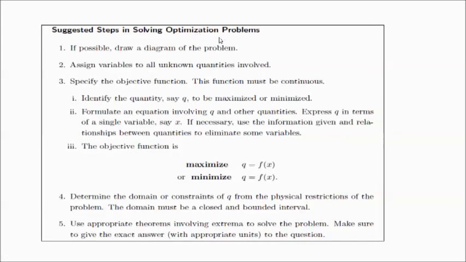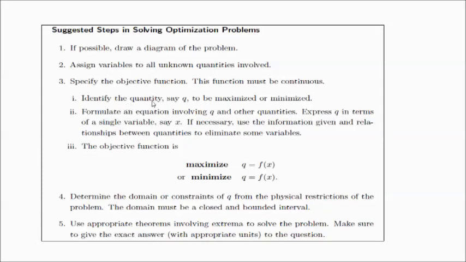suggested steps in solving optimization problems. So first, if possible, draw a diagram of the problem. Second, assign variables to all unknown quantities involved. Third, specify the objective function. So this function must be continuous. So yun nga dun sa extreme value theorem.